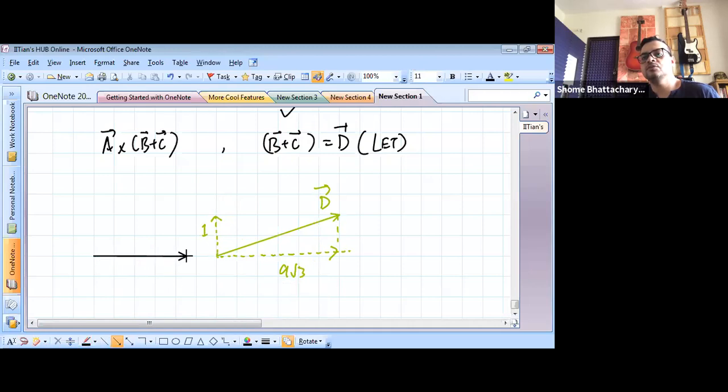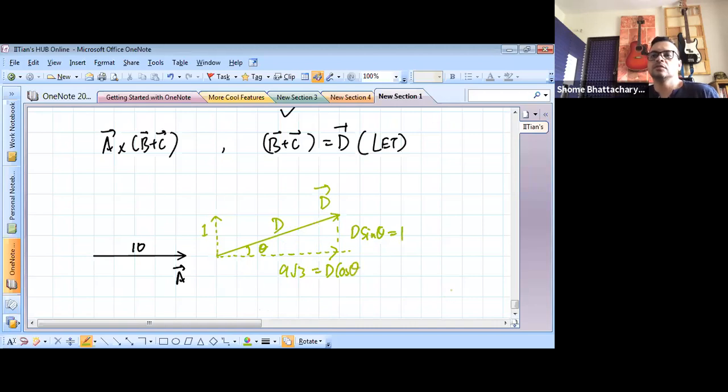My vector A was this. It had a magnitude of 10. And between them, this will be the angle theta. So if this is D, then you can see that D sine theta is equal to 1 and D cos theta is equal to this.